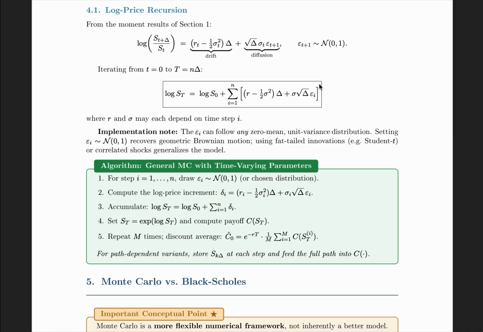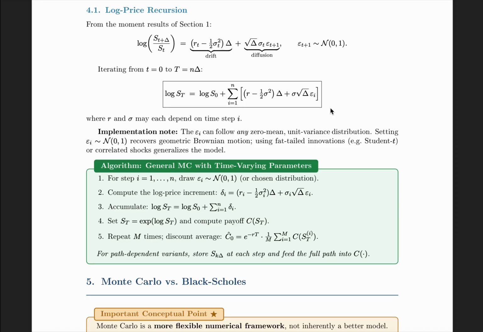If we repeat, in the limit as m approaches infinity, the result for the Monte Carlo is going to be exactly the same as the Black-Scholes. So Black-Scholes is just Monte Carlo, but with a constant R and constant sigma, which is not very realistic.